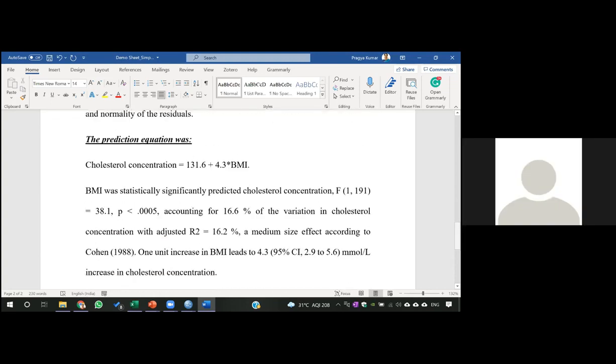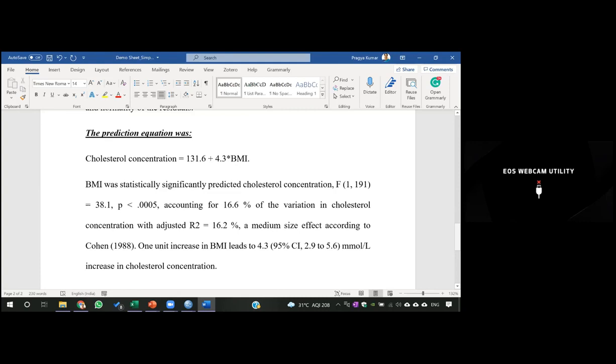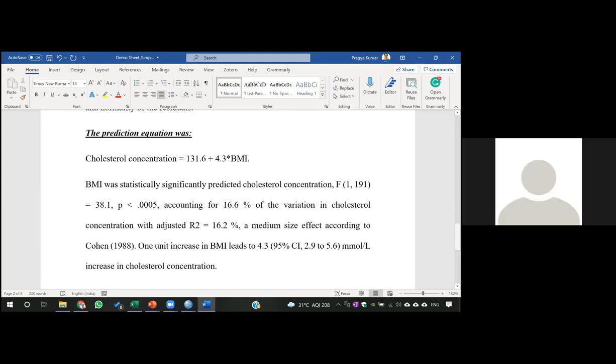Yes. And then the prediction equation was cholesterol concentration equal to 131.6 plus 4.3 into the BMI, the observed BMI, which we will be getting. BMI was statistically significantly able to predict cholesterol concentration. F value is 38.1, degrees of freedom 1 and 191.